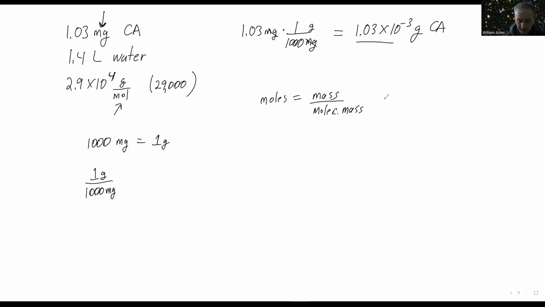And we can see that by the units: grams divided by grams per mole. And this inverts, which gives us grams times moles over grams. Grams cancel, leaving us with moles, right?